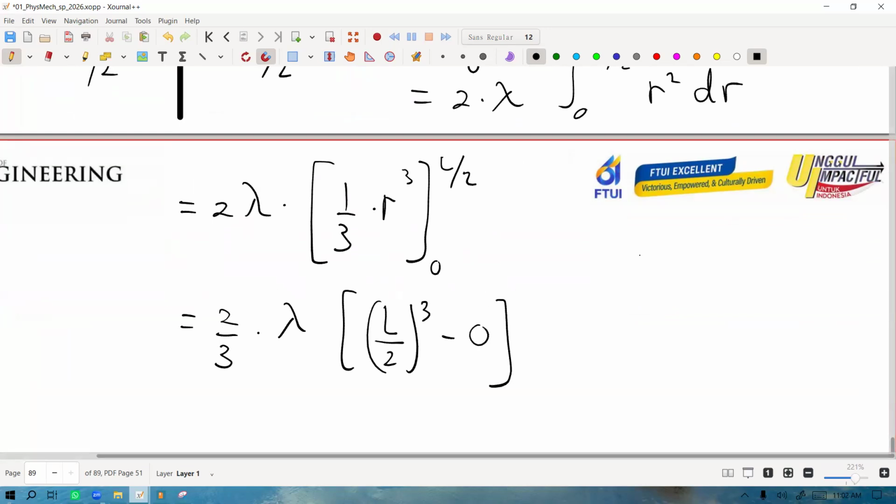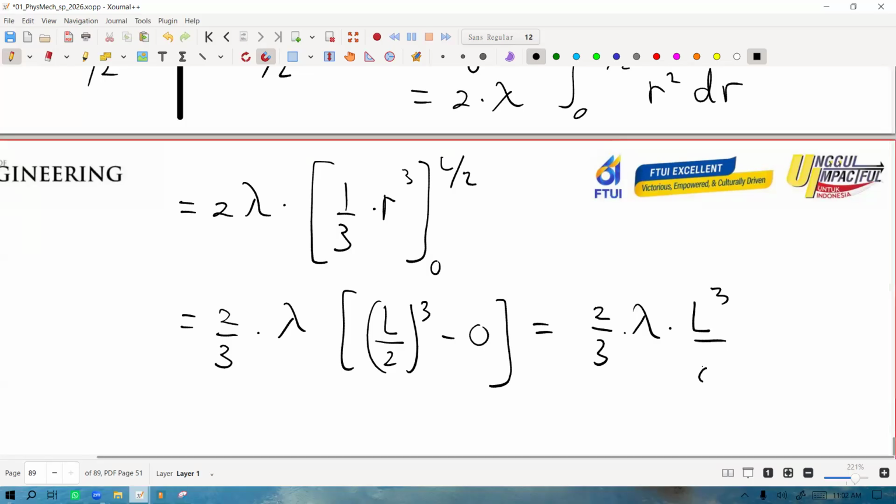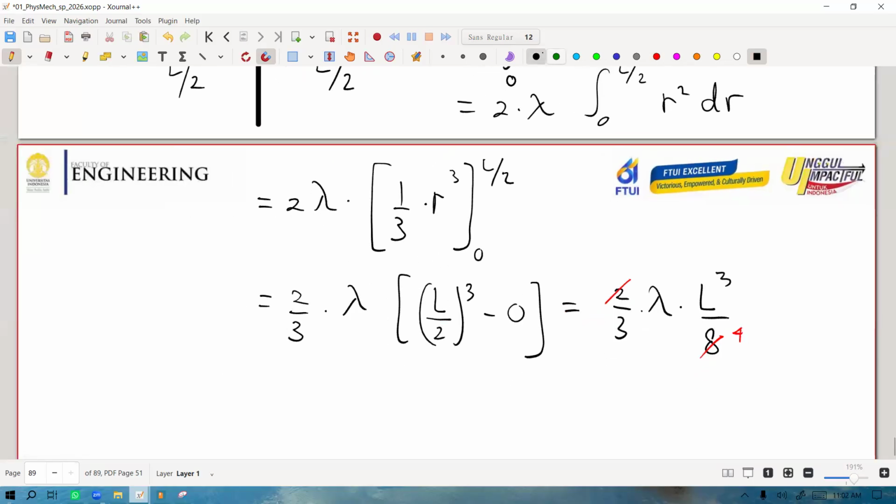So the result is 2 over 3 lambda, I mean not alpha but lambda, times L to the power 3 divided by 8. You can simplify: 2 over 8 is 1 over 4, and then 1 over 12, right, 3 times 4, lambda L squared.